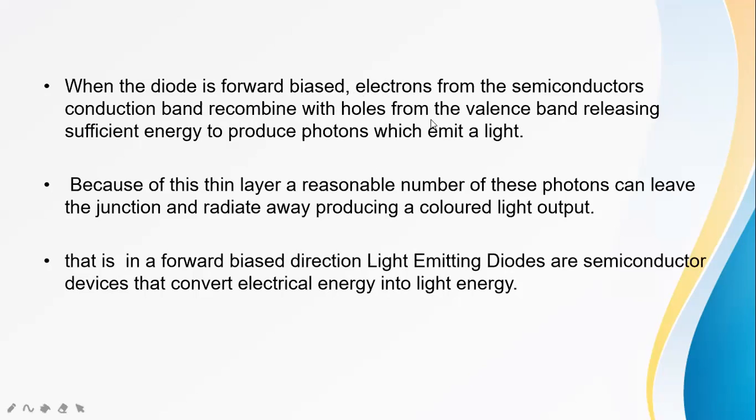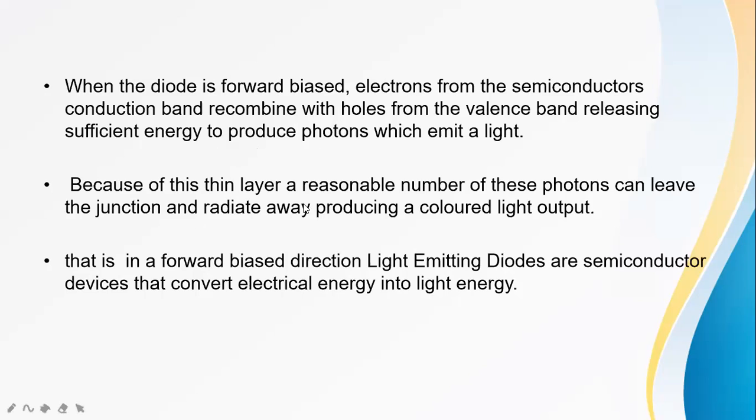With this movement of electrons from the conduction band to the valence band, there is a release of energy. That energy is in the form of photons, which emit light.